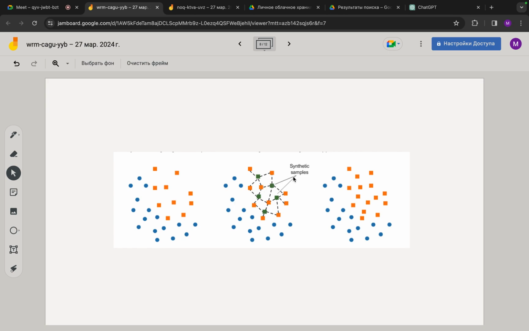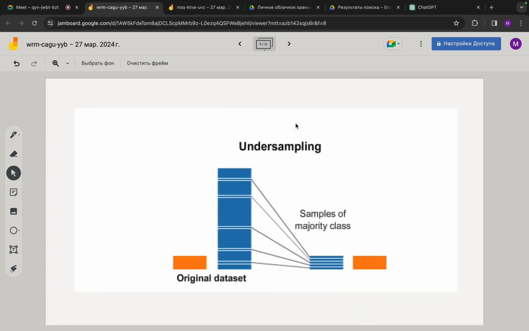What SMOTE does here is, as you can see, from four neighbors we create one sample. By doing that, we are balancing our dataset.